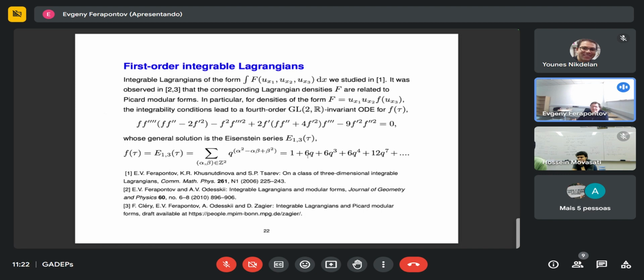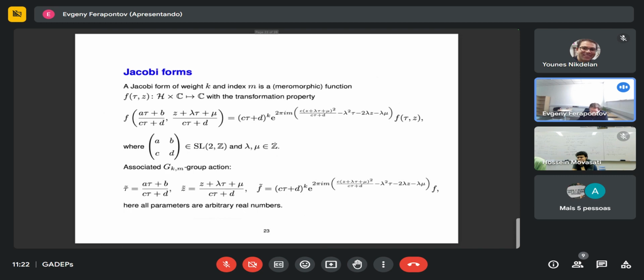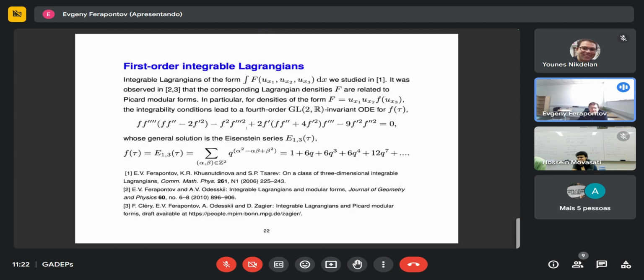At the time when we obtained this ODE, I had very little knowledge of modular forms, and I couldn't even anticipate that modular forms would appear as the answer in what I do. But my colleague Sasha Odesskii solved this equation in modular forms, and he obtained this solution.